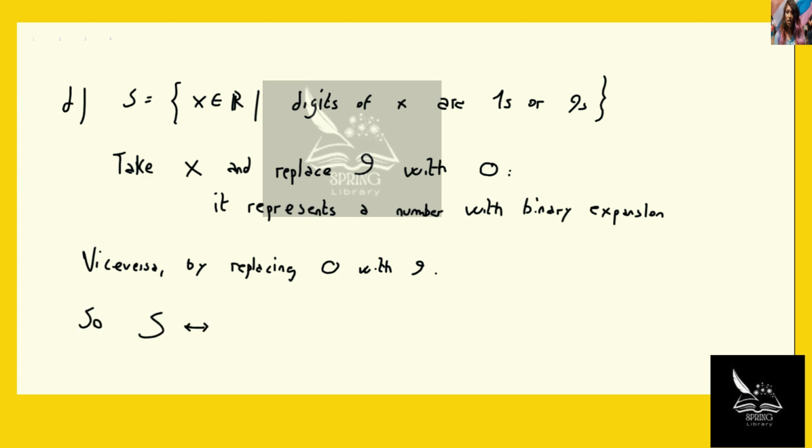So S is in bijection with the set of real numbers written in binary. But this is exactly just R, because again, there's no difference writing in binary or writing in decimal. And so S is in bijection with an uncountable set, and therefore S is uncountable.